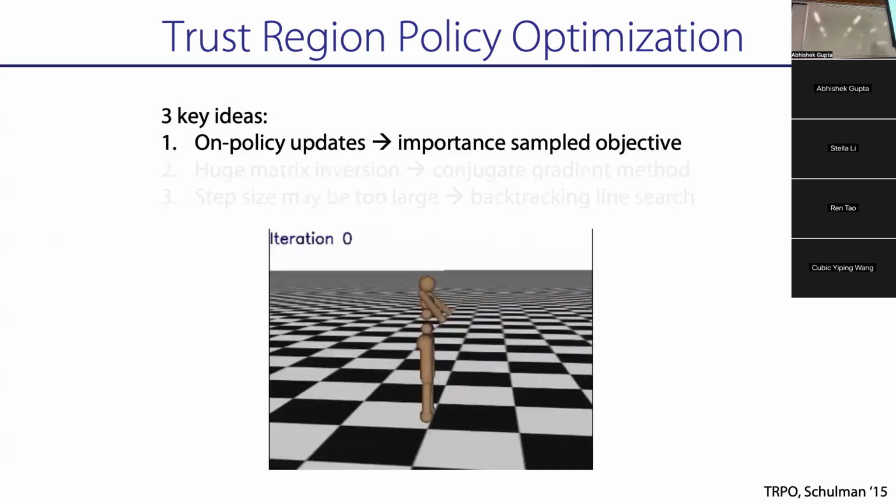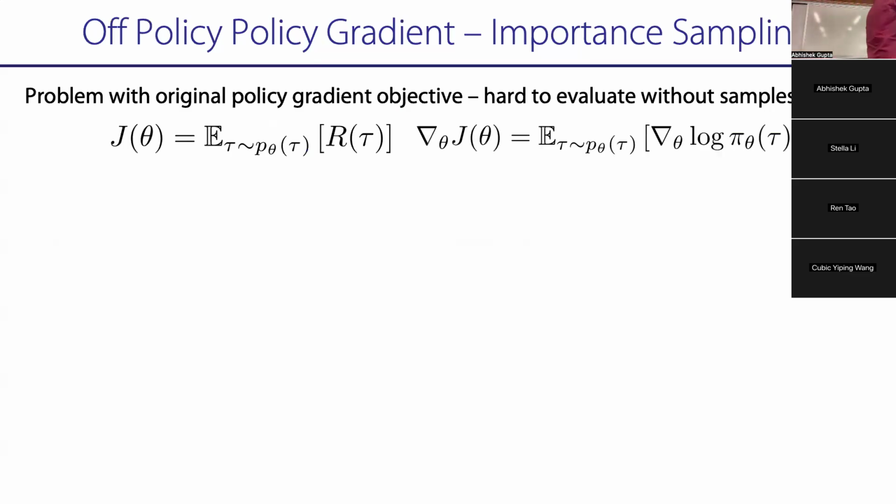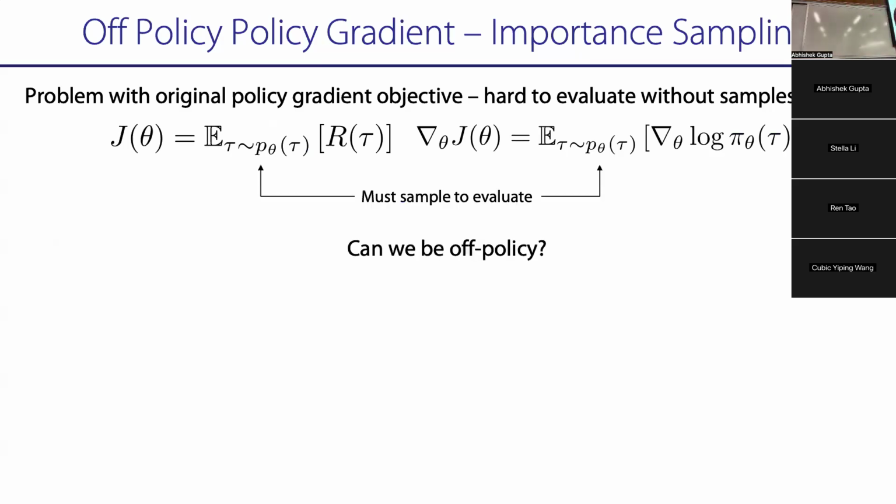Okay. Let's do a quick recap of what these things mean. The first issue is that we don't want to keep collecting samples when we're doing gradients, right? The policy gradient is always taken with the expectation under P theta of tau, which means under the current policy. That's expensive. And so the question we asked is, can we be off policy?